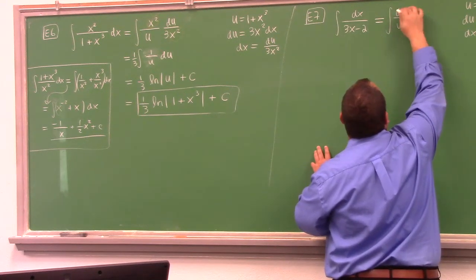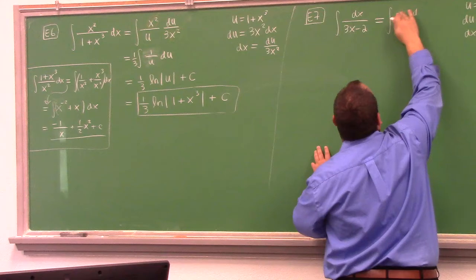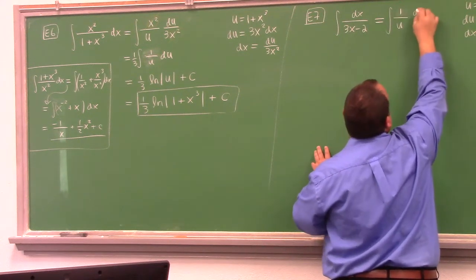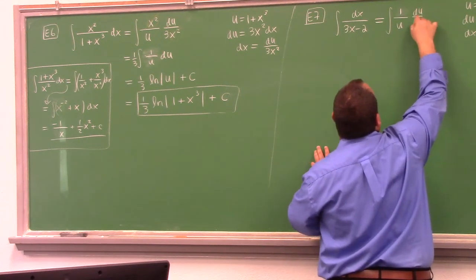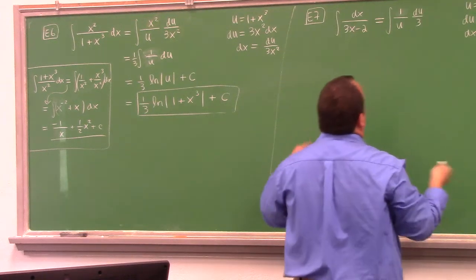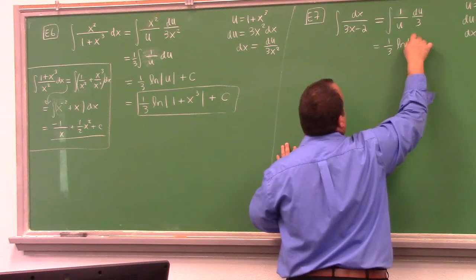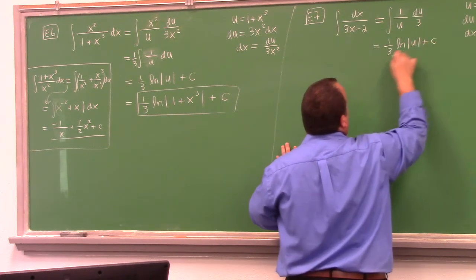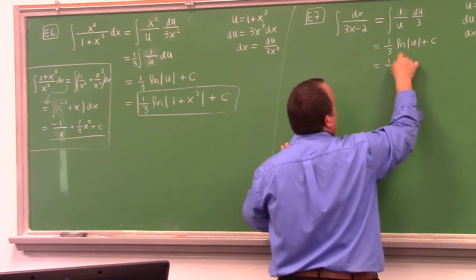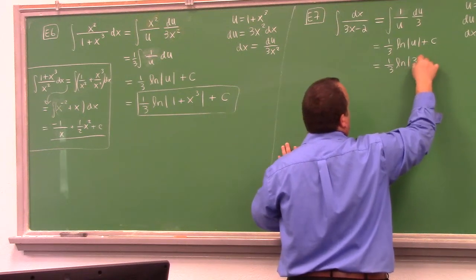Oops, good grief. I meant put 1 over here. dx is du over 3. So 1/3 natural log of the absolute value of u. 1/3 natural log of the absolute value of 3x minus 2.